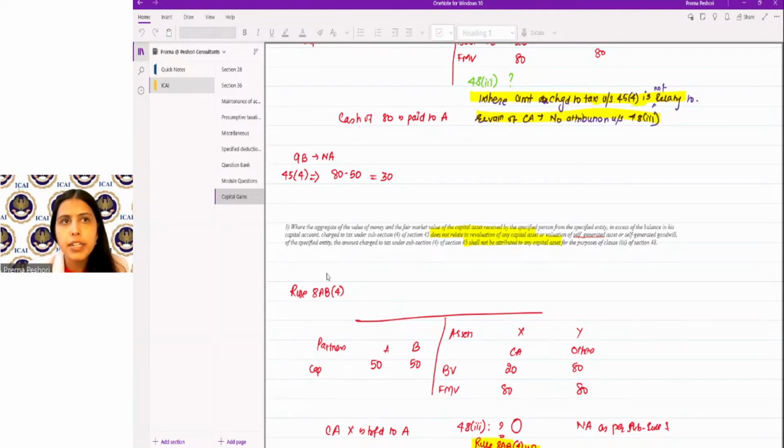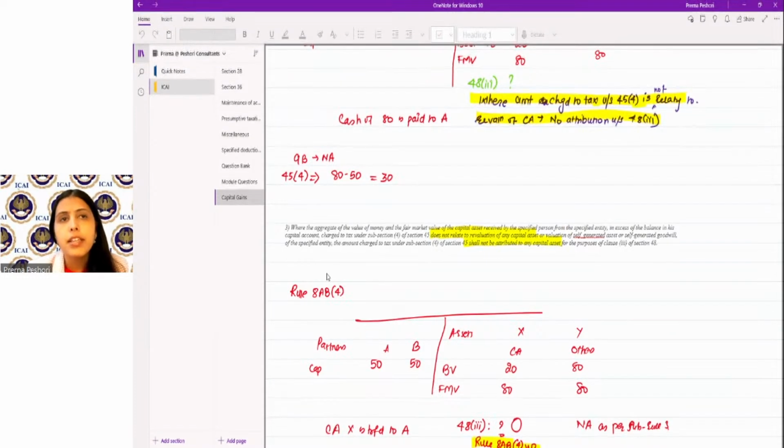Then it will be deemed to be the income of the firm and it will be chargeable to tax in the previous year in which the money or capital asset is received by the partner. Are we clear? So that is section 45(4).